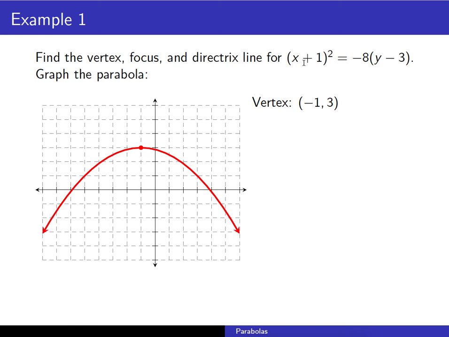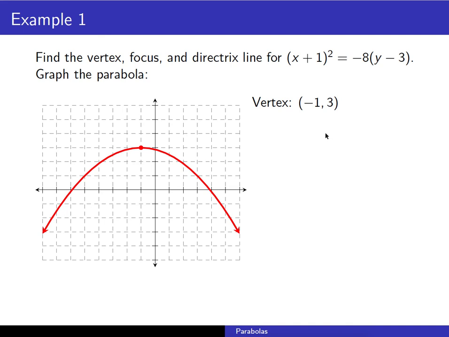So with the x minus h, we just look at whatever's after the x and take its opposite, because that's what the minus does in front of the h. It means take the opposite. So the opposite of positive 1 is negative 1. The opposite of negative 3 is positive 3. So that's a quick way to get the vertex, looking just at the equation.